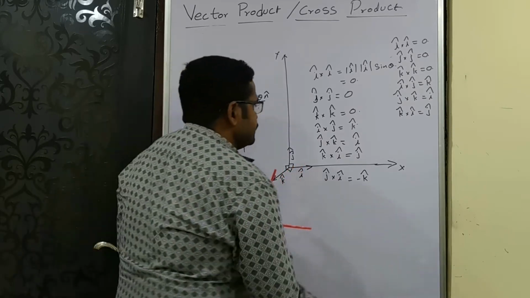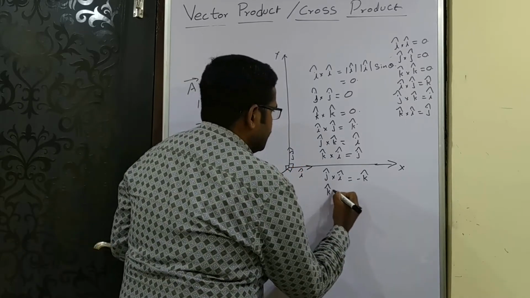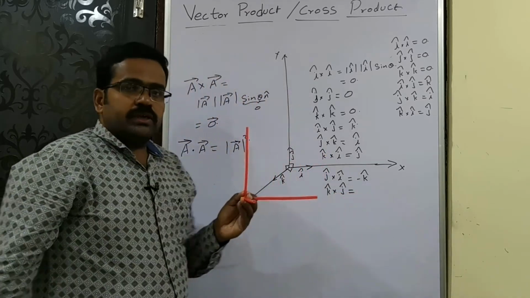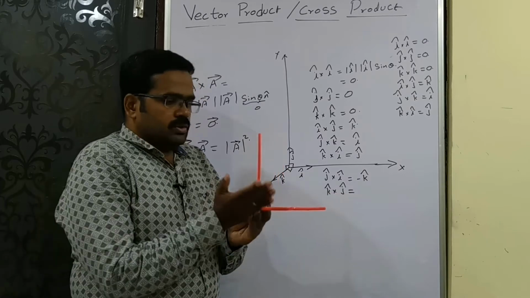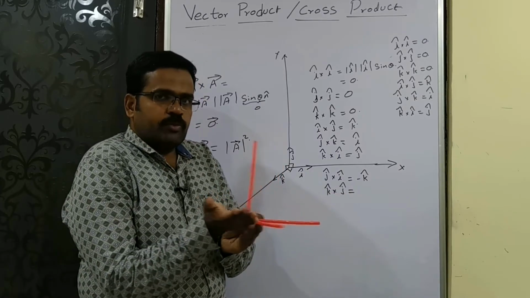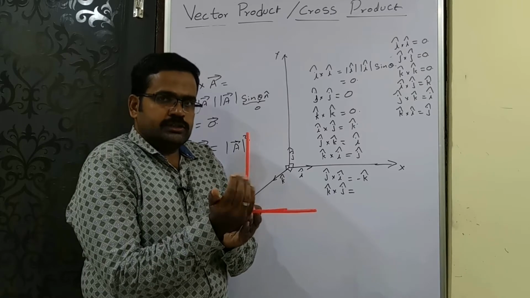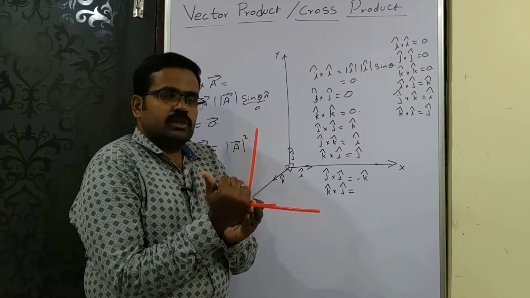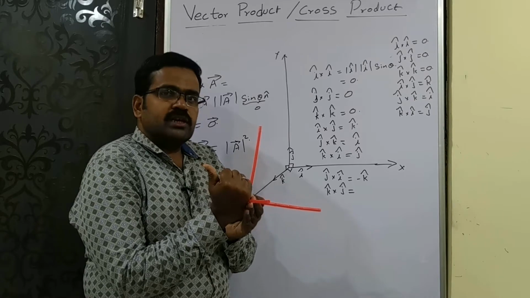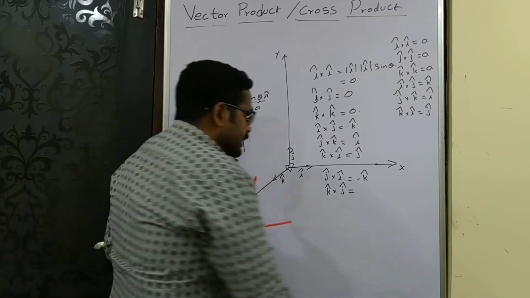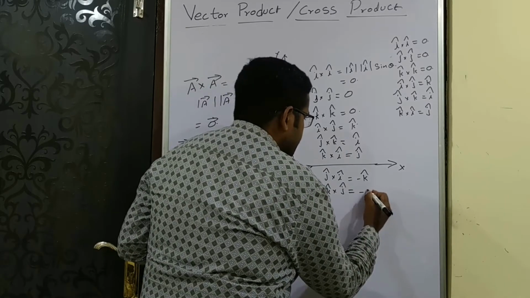Now how much is k cap into j cap? So along k, I have put my palm. I am closing it towards j. What is the direction of my thumb? The direction of my thumb is away, that is negative of x-axis, that is negative I cap.